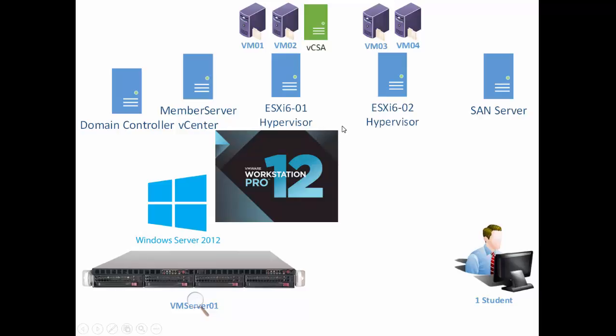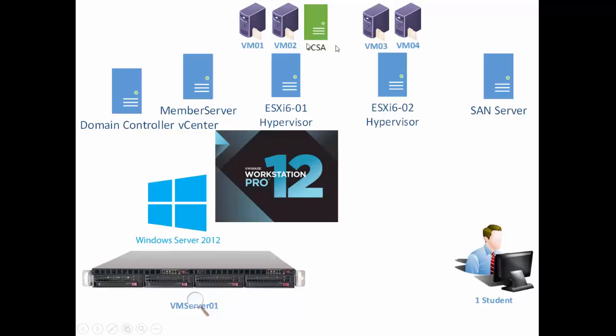But what is vCSA? Anyone knows that? A central dashboard for maintaining the whole environment of ESXi. But deploying it here raises a question: if we deploy it on an ESXi, then how do we control that?